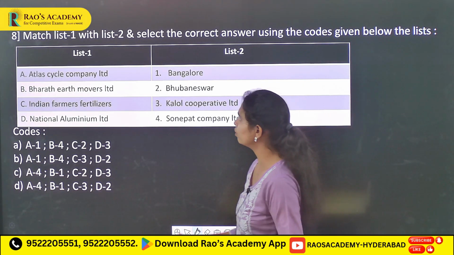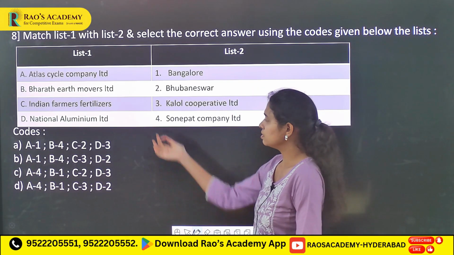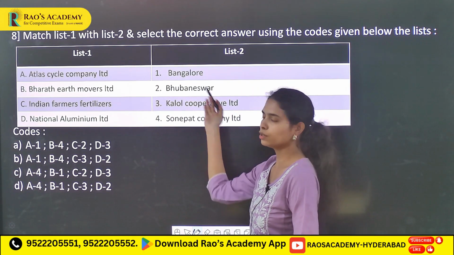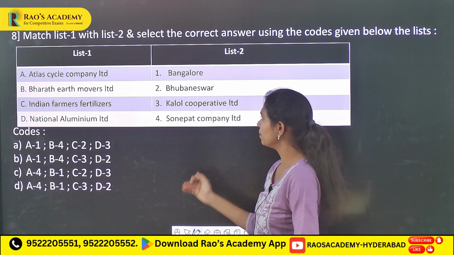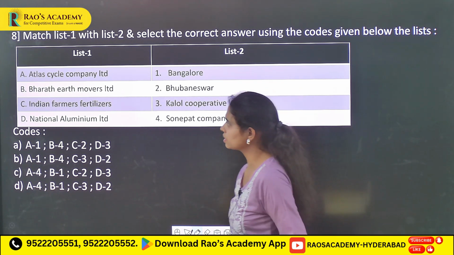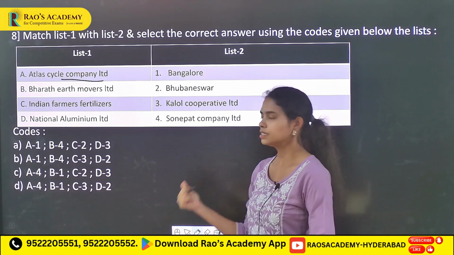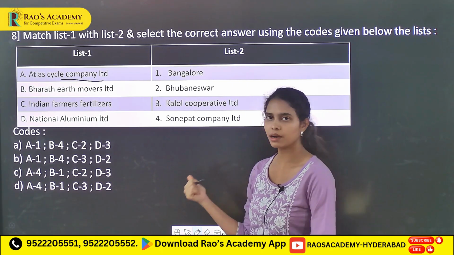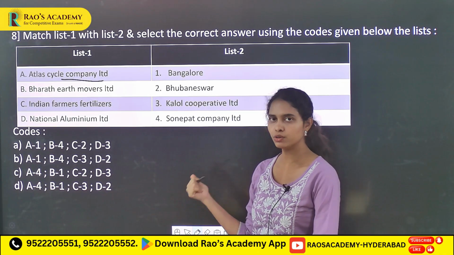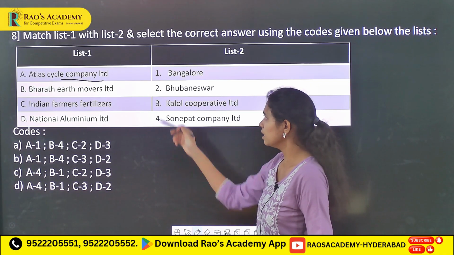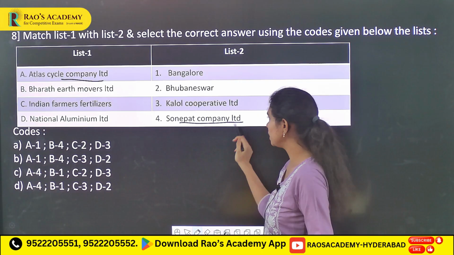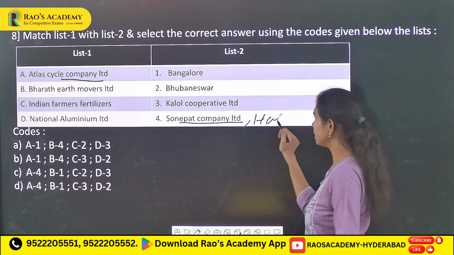Then followed by, it has again given certain companies, and we have to match those companies with the particular location. So here it has given the Atlas Cycle Company Limited. It is the largest cycle company, which manufactures a huge production of cycles, and it is located in Sonepat, that means in Haryana.